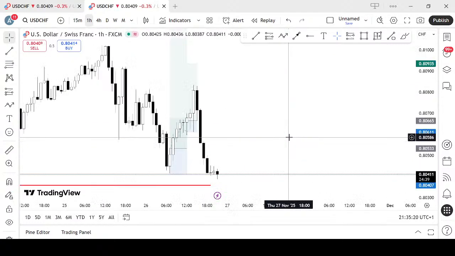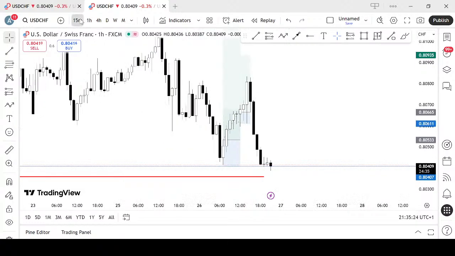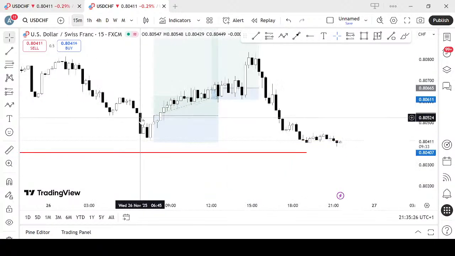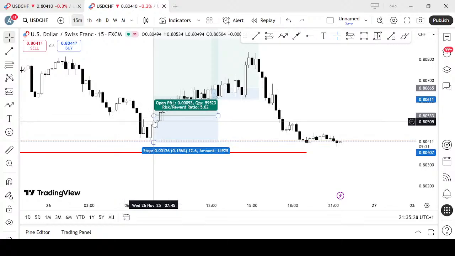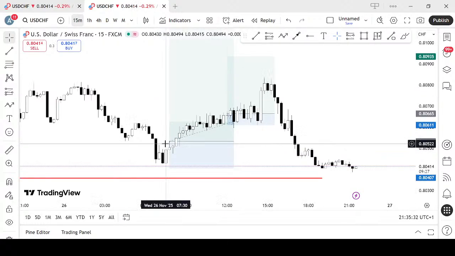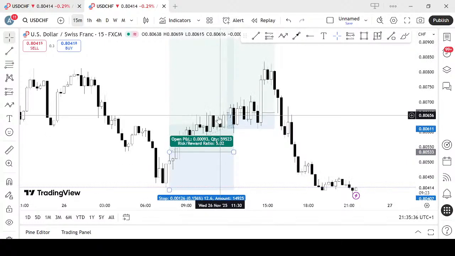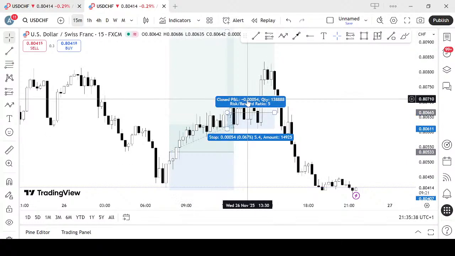And another loss I had today was on the USDCHF. USDCHF on the 15-minute time frame in the morning. I took a buy of this during the live session, and it gave me enough to break even. I broke even on it. Then I saw another entry here, took a buy of it, didn't run enough to break even.